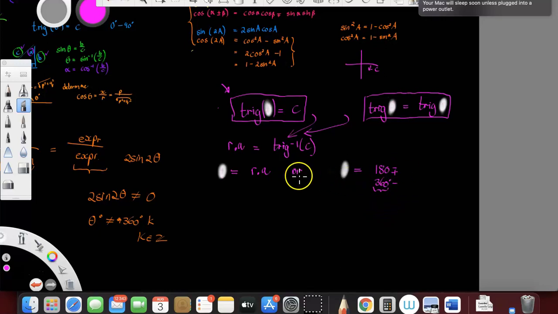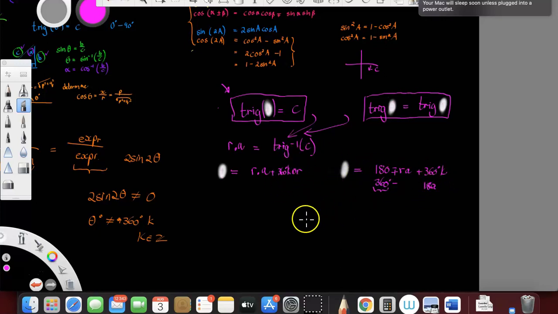Then plus 360 degrees times k, plus your reference angle plus 360 degrees times k. If it is tan, then there's only one solution.